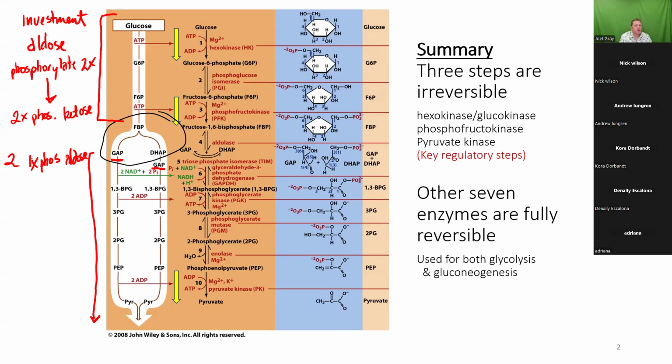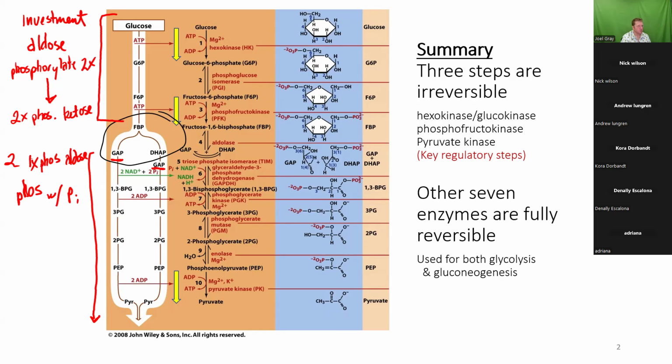Okay. You're going to then take those 2 aldoses and you're going to phosphorylate them with Pi, inorganic phosphate.